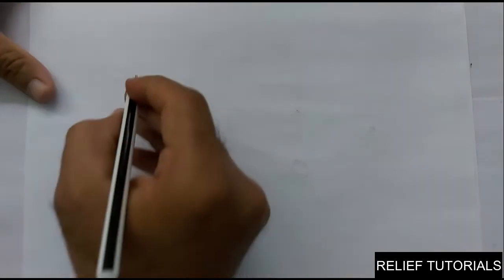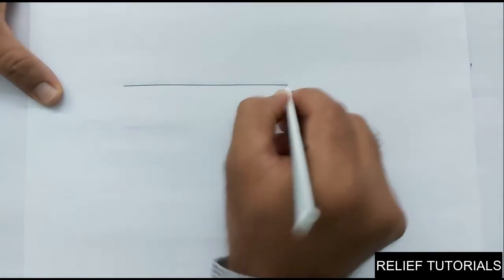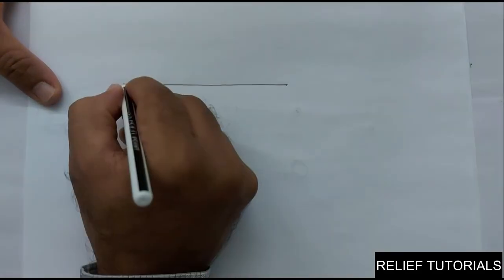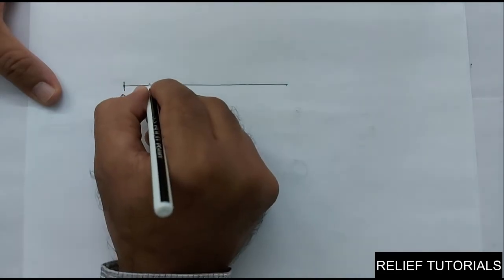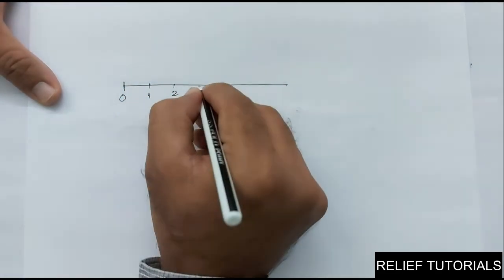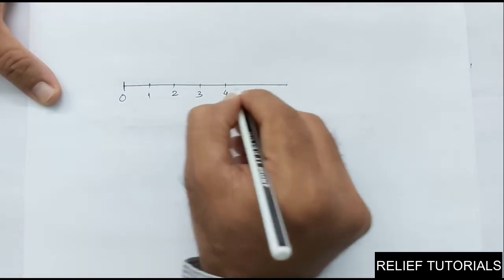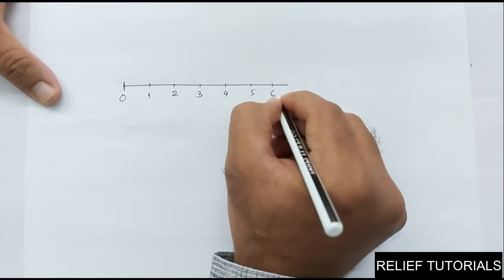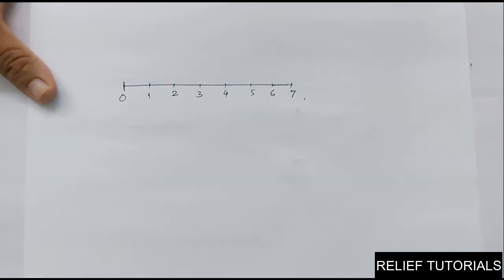Consider here is a straight line. Here is point 0, 1, 2, 3, 4, 5, 6 and 7.